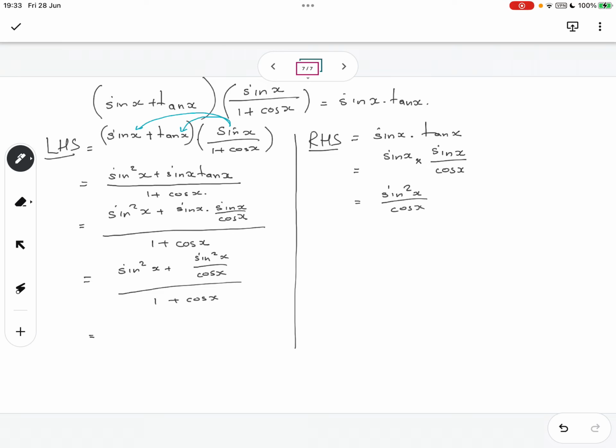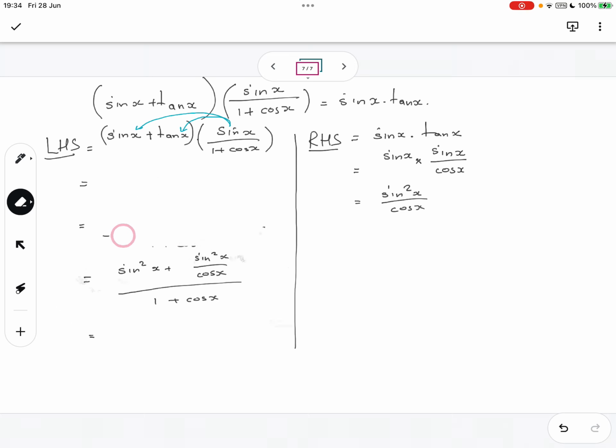So let's see. Maybe I shouldn't go about it this way. I'm gonna erase everything and then start it again, so that I have a better flow.